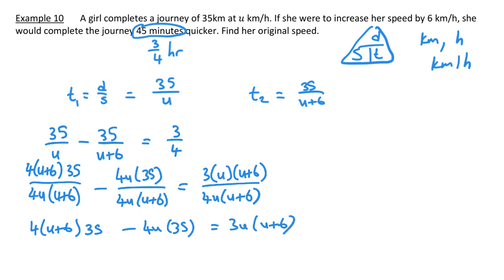So 3 times u is just 3u. If we expand out the brackets, the first one we've got 4 times 35, we could do that first of all to give 140.